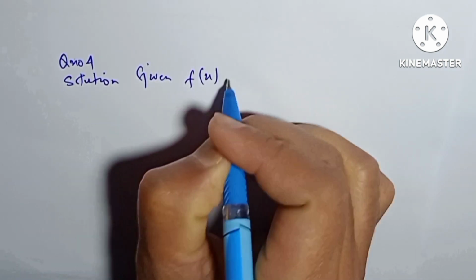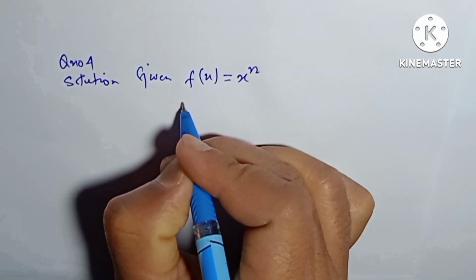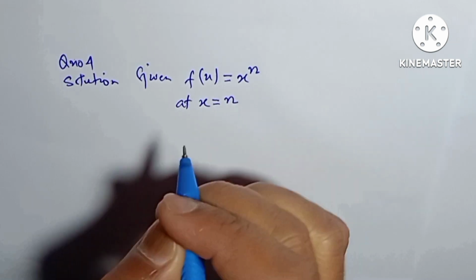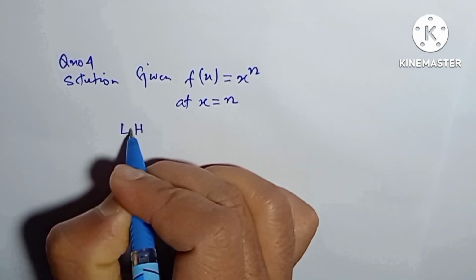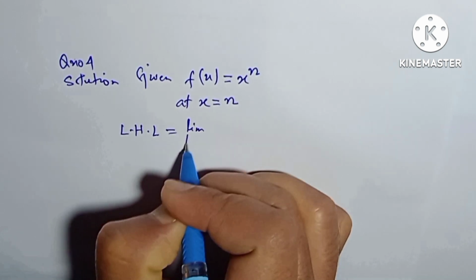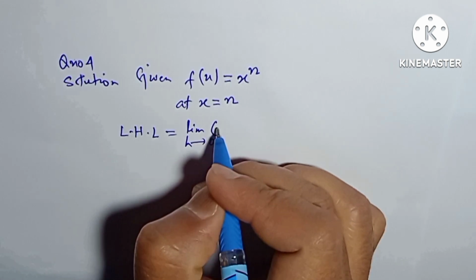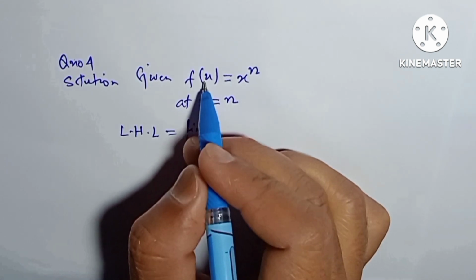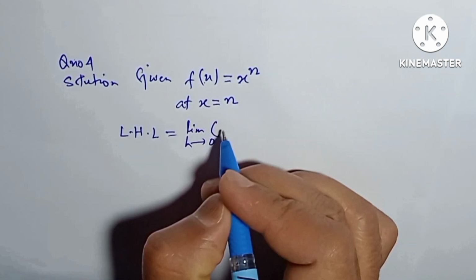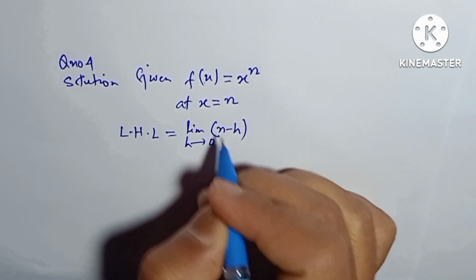function f of x equal to x to the power n at x equal to n. Left hand limit equal to limit h tends to 0 f of x, which is equal to x to the power n. So x is n minus h.